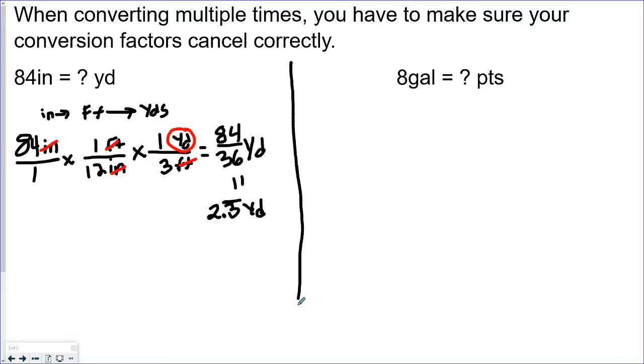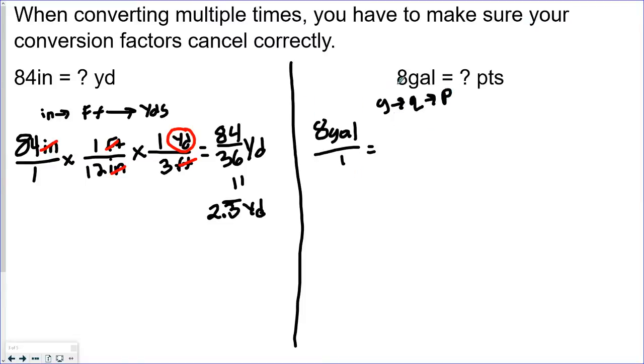Same thing as for gallons and pints. So again, if you don't know that there are 4 quarts in a gallon and there are 2 pints in a quart. So when I start this, 8 gallons over 1, I want to go gallons to quarts to pints.